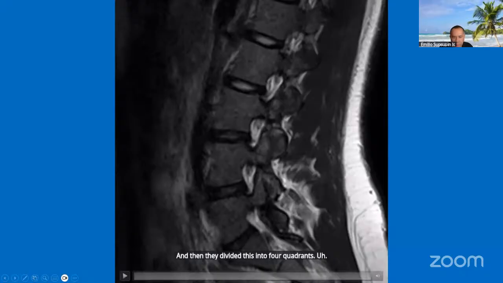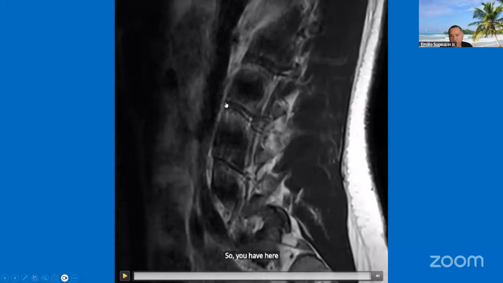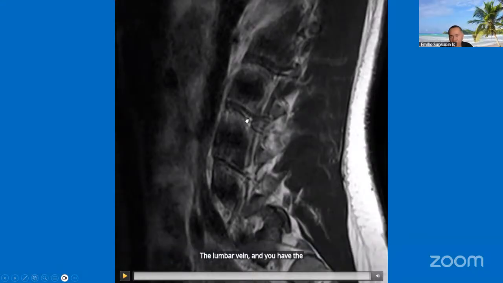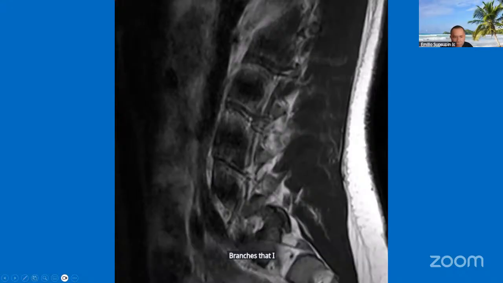Let me see if I can follow some of this. So you have here the lumbar vein. This is the inferior vena cava. This is the tributary to the inferior vena cava, the lumbar vein, and you have the intersegmental artery branching into the branches that I mentioned earlier.